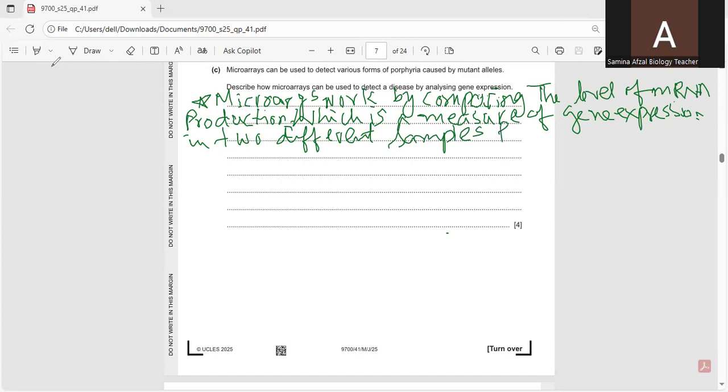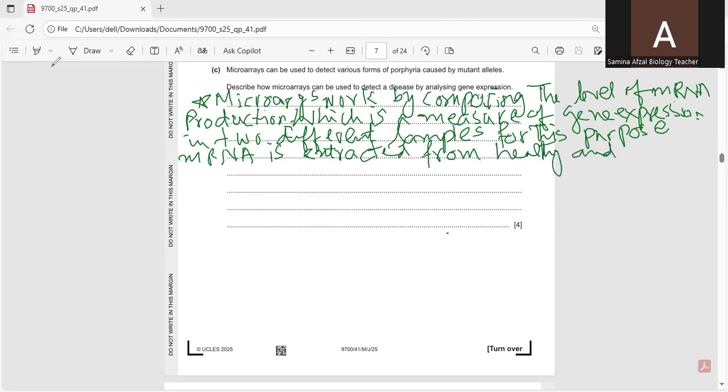For this purpose, messenger RNA is extracted from a healthy and a diseased person.